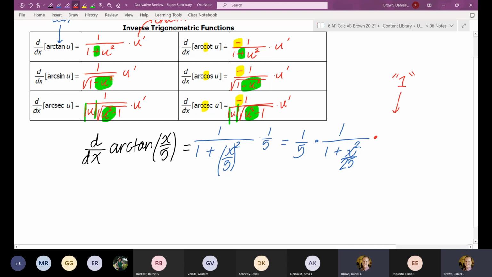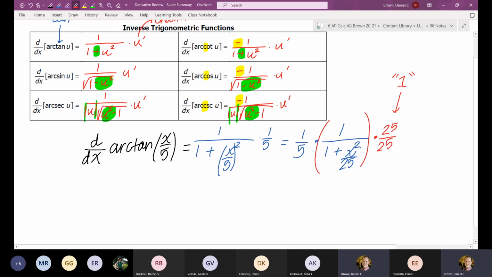We can't change the problem, so we're going to multiply by 1. We're not going to multiply by just any 1, we want a 1 that will cancel out the 25. Well, what's going to cancel out the 25? I can multiply by 25 over 25.